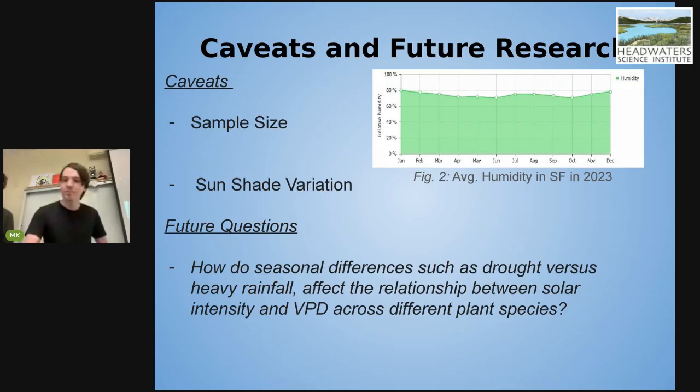Something also important with our data collection method is the sunshade variation, and specifically how we used the digital luminance meter. We decided to use the max and min features and then use that to find an average for our data points. But on further reflection, we realized that method was flawed.